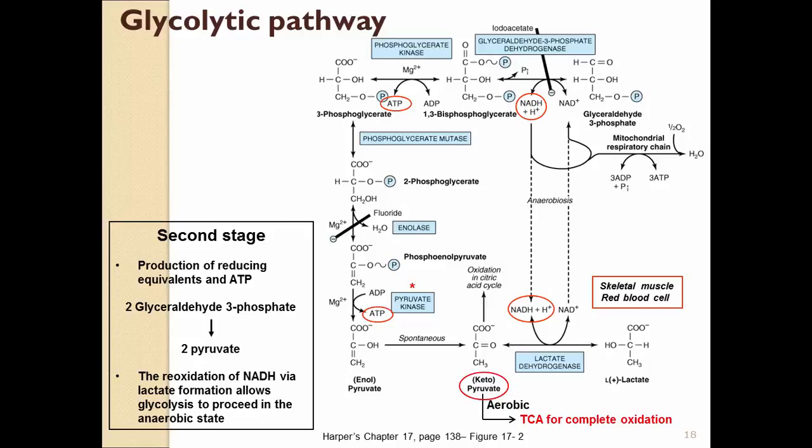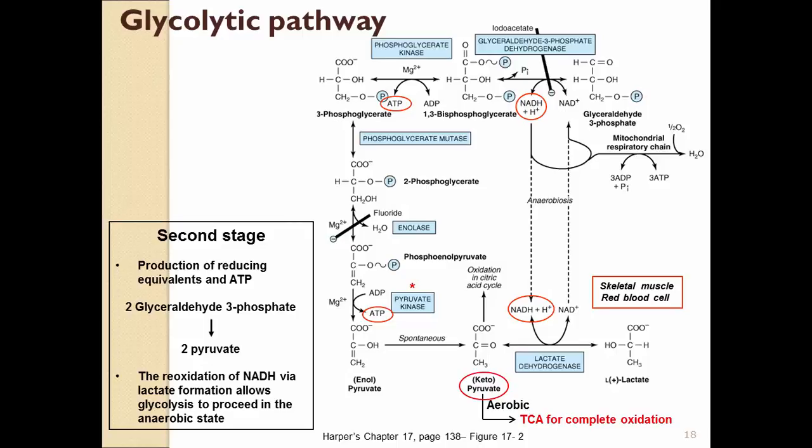So you retain the 2 molecules of NADH that will eventually enter the mitochondria for ATP production in the electron transport chain. Under anaerobic conditions, for example in red blood cells, because there are no mitochondria, pyruvate cannot be further metabolized, or under short-term exercise, which we will talk about later.